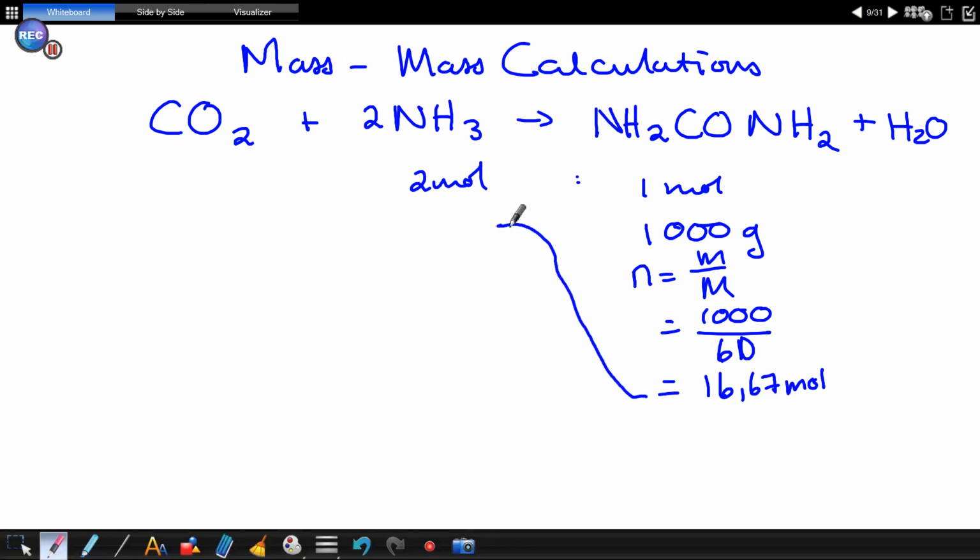Then from there, using the ratio 1 to 2, we can get the moles of the ammonia that was used. 33.34.